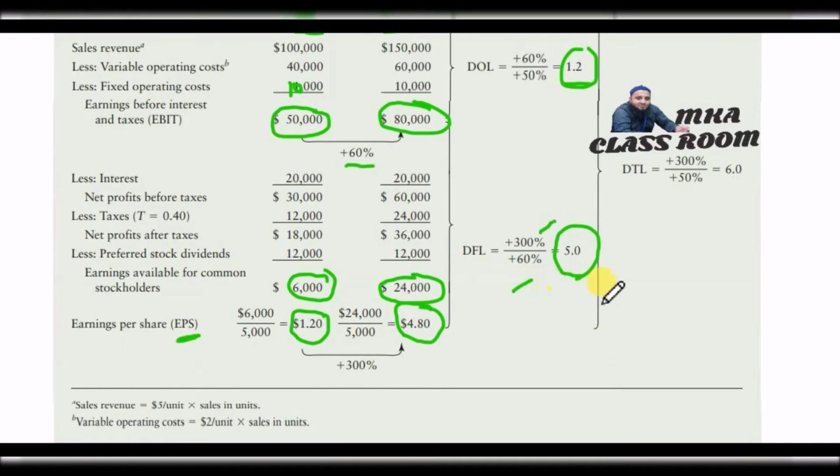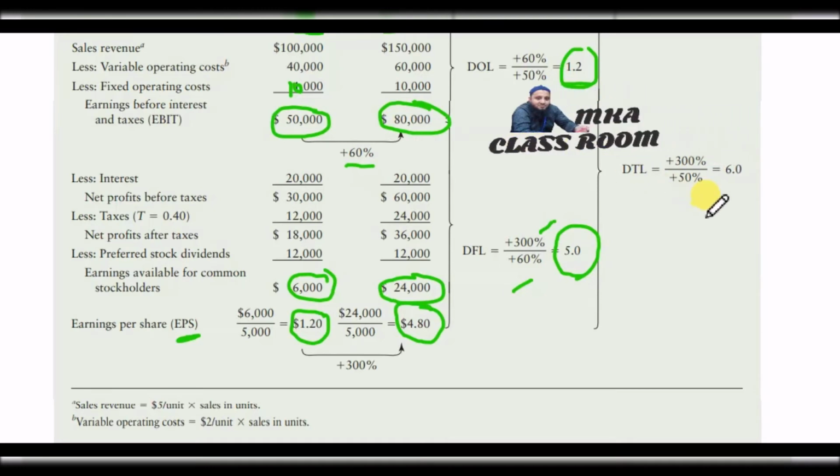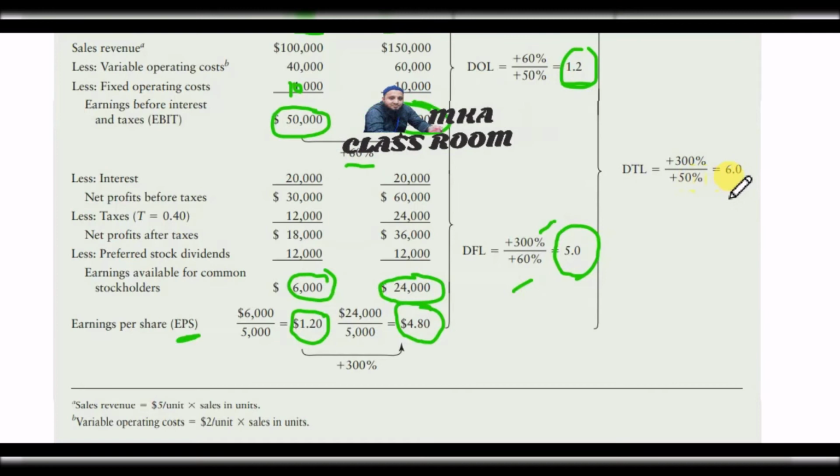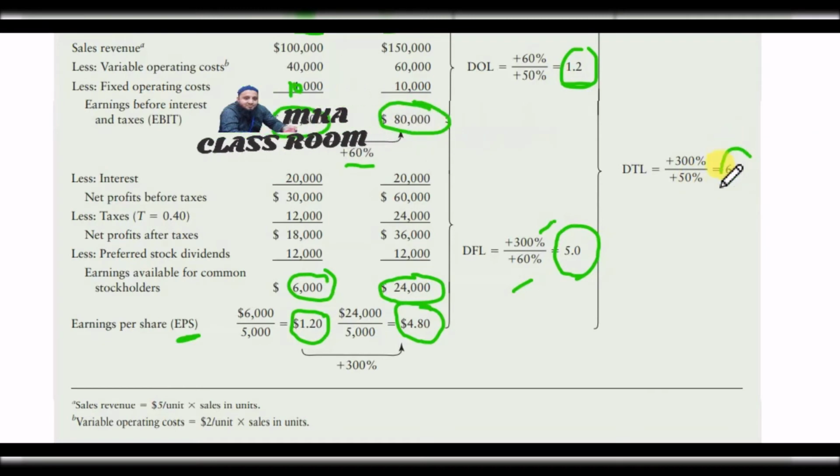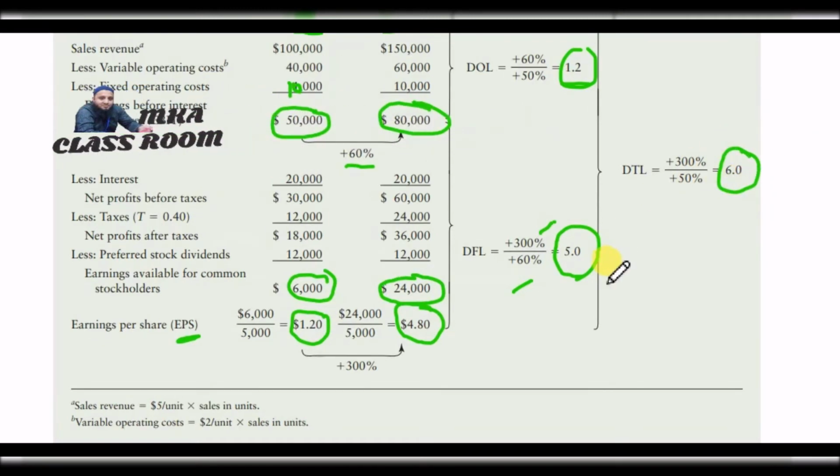Then our DTL, degree of total leverage, how can we find it? Percentage change in EPS divided by percentage change in sales. Then our DTL is 6.